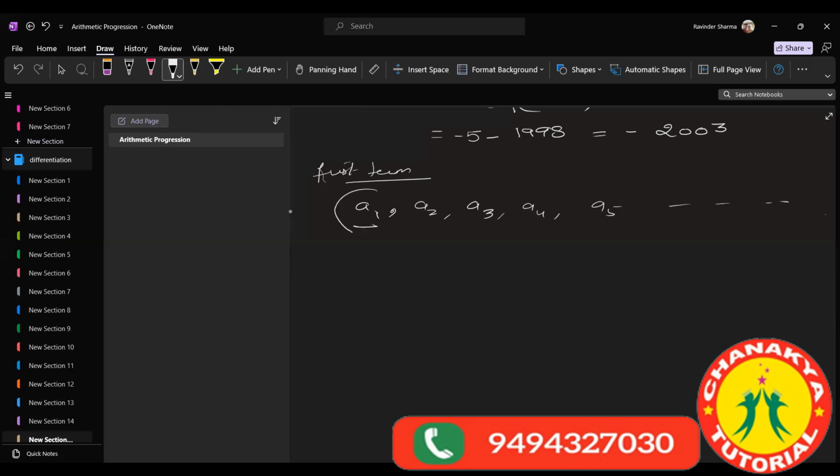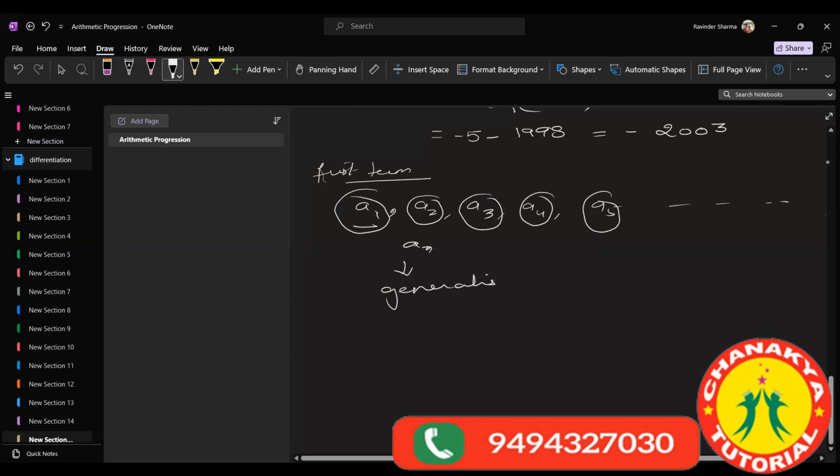So, first term you are representing with a1, second with a2, third with a3, fourth is a4, fifth is a5, and the nth term means this is generalized term. It means by putting the value of n, you will get that particular term.